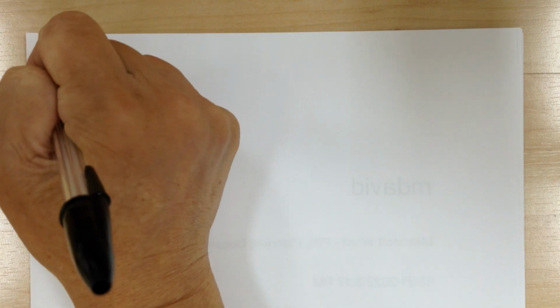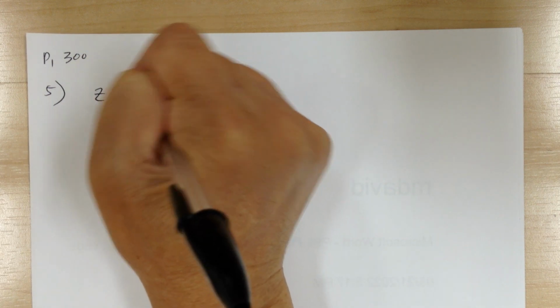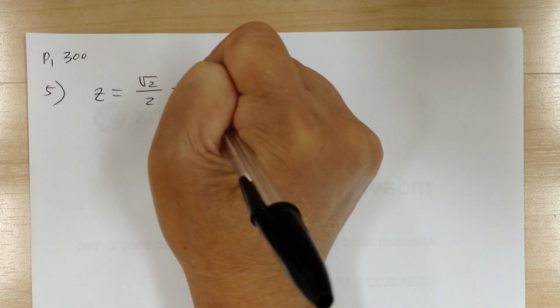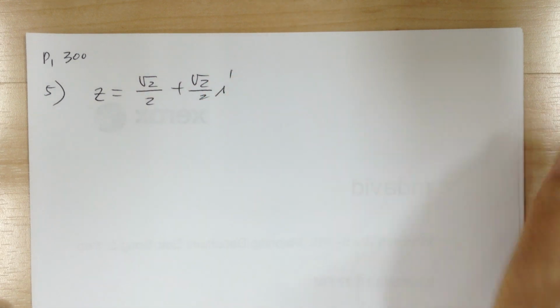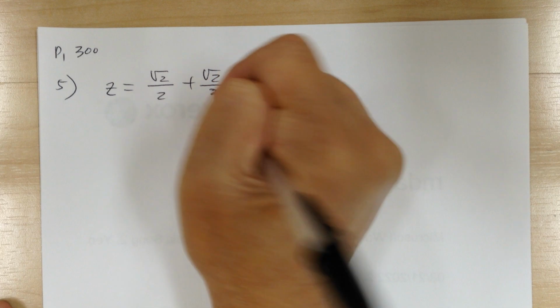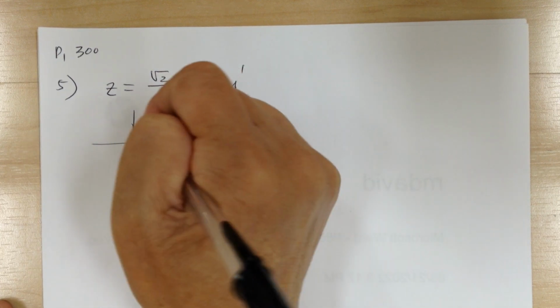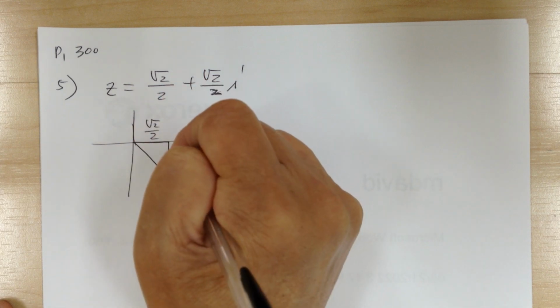Okay, number 5. You got z equal to, now things start to get interesting now. So again from here, you should recognize this is a special triangle. If you sketch it out, it's going to be like this. So it will be square root of 2 over 2 plus square root of 2 over 2i.